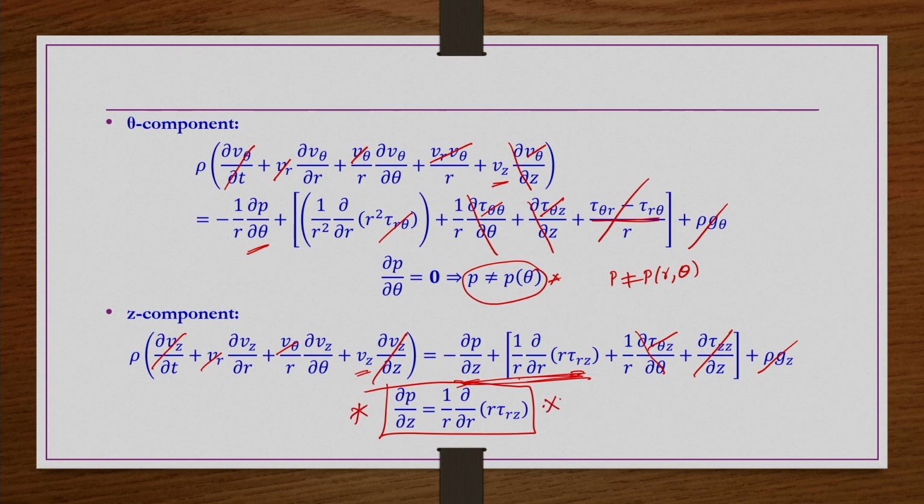So, now what we understand here is that pressure is a function of z. It is already clear from the previous two simplifications also, but now the same thing is realized here also. Further, we are simplifying Cauchy's momentum equations, we are not simplifying Navier-Stokes equations.